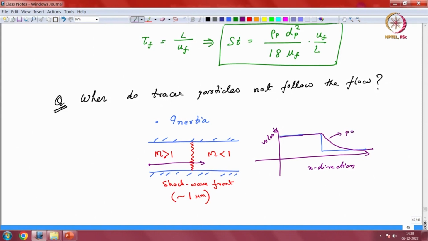So, this is perhaps your particle velocity, and this is your fluid velocity, the fluid flow field. This is a good example of how inertia is relevant.